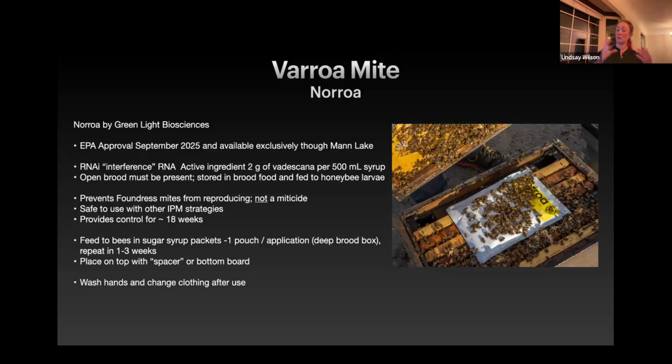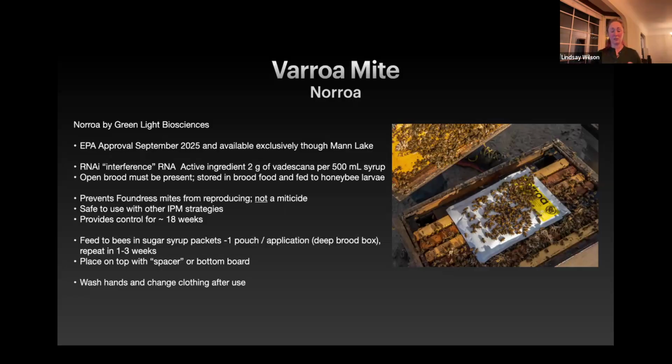But if you're getting a lot of drift and new mites introduced, or your hive has another pressure or challenge, or your winter bees are already suffering from things like deformed wing virus because the mite loads were higher in the summer, this product's not going to save a hive from that condition. And so we've got to use it with other strategies.